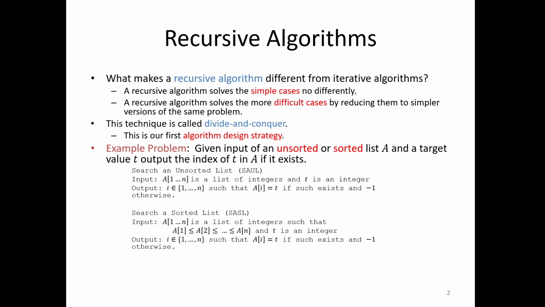For the first problem, searching an unsorted list, our input is a list of integers, a from 1 to n, and t, a target integer that we are looking for. One comment I'll make is that I've assumed our indices start at 1 and go to n.